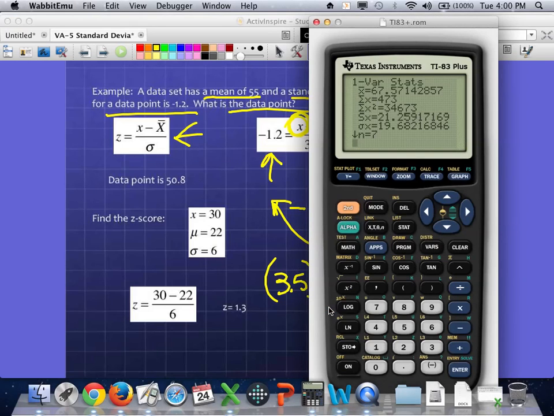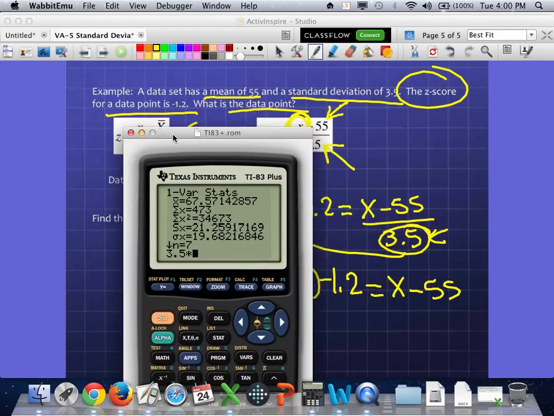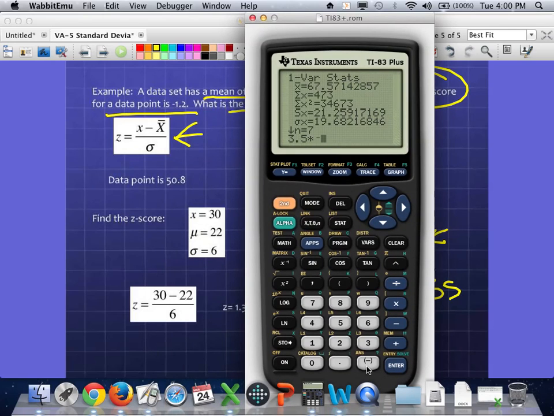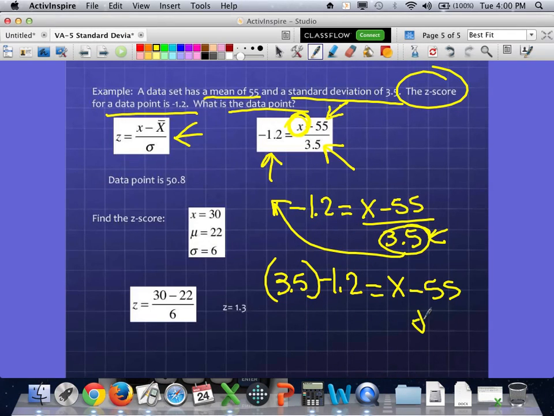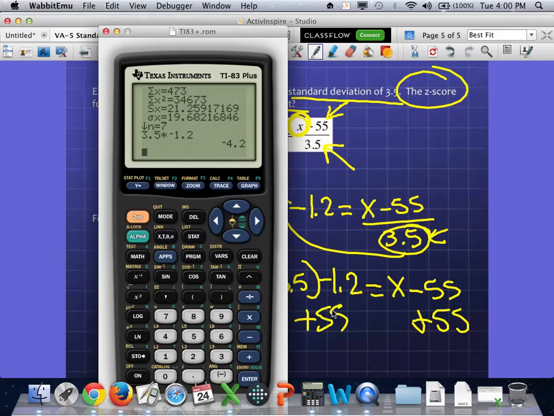Okay, so we'll put this in our calculator. 3.5 times, what is that again? Negative 1.2. Hit enter, and then we're going to add 55 to solve for x. So that would be, okay, add 55.